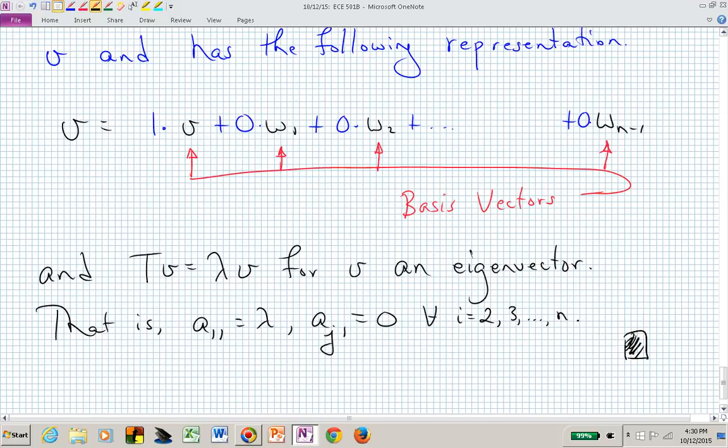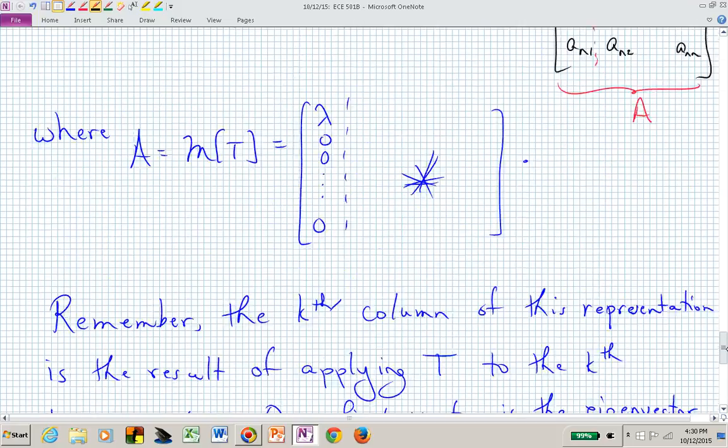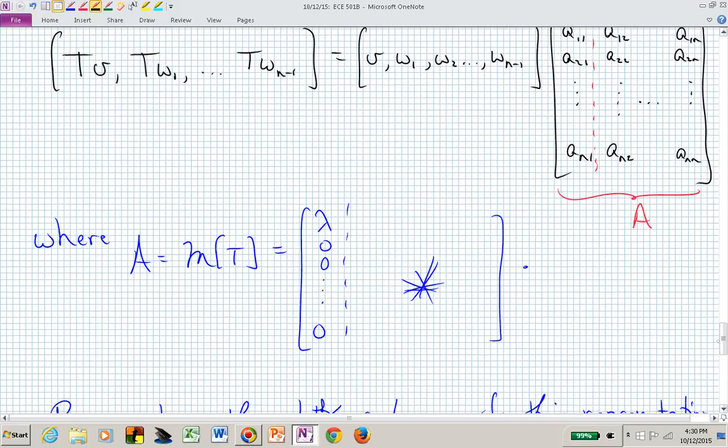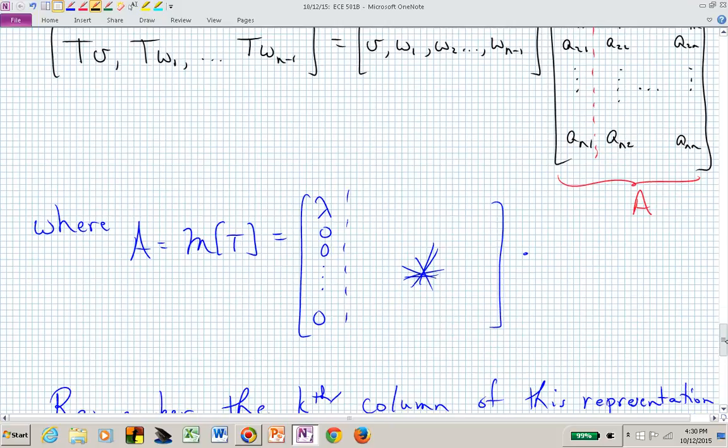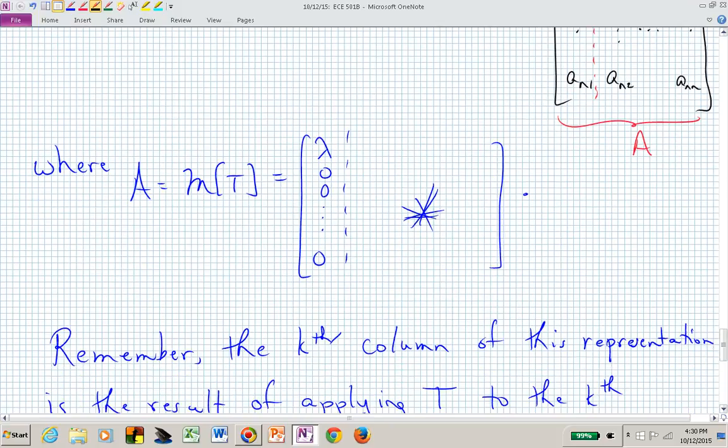We were trying to show that TV is equal to lambda V in this particular choice of basis, and that now tells us that we actually have lambda on the diagonal. Below that diagonal is all zeros, and now we're on our way to maybe thinking about, oh, can we generalize this idea? Now can we start with this submatrix that's square in this starred place and continue with that process, or repeat that process?